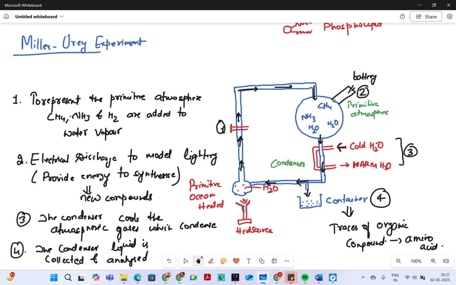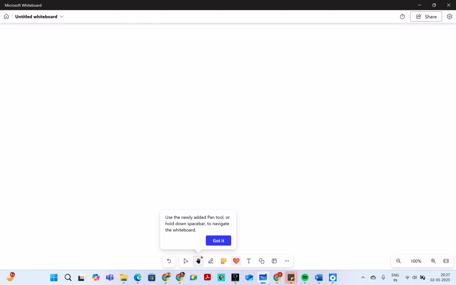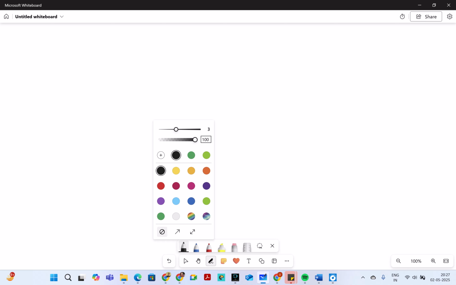Now let's try to evaluate their experiment findings. If a question is on how they did the experiment and what the findings are, you can write like that. Let's do the evaluation. Evaluating the Miller-Urey experiment. Let's talk about number 1, methane availability.